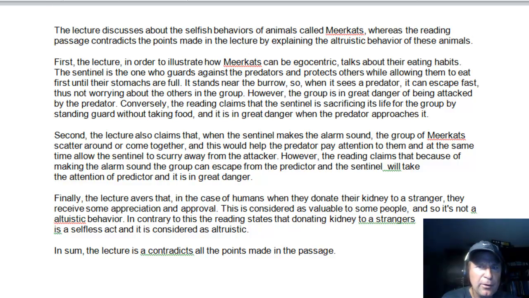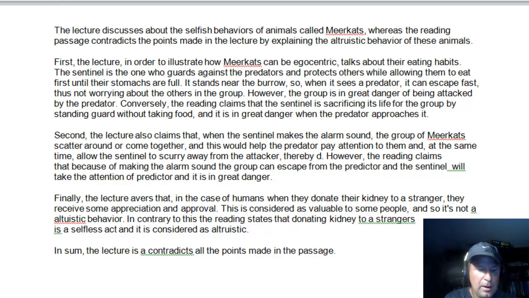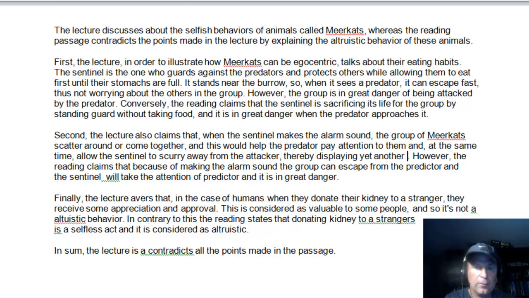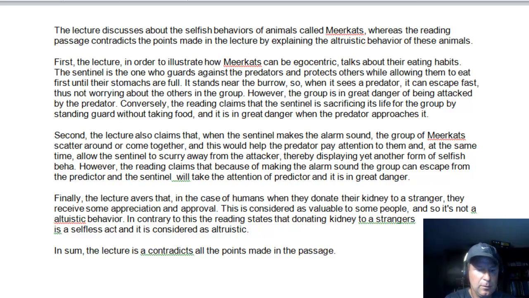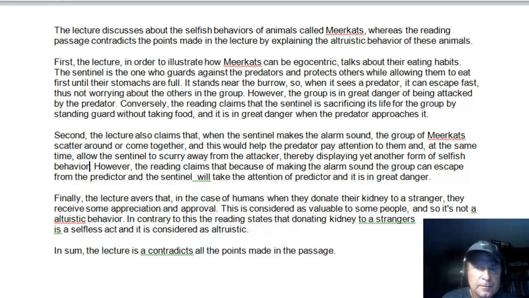And this would help the predator pay attention to them and at the same time allow the sentinel to scurry from the attacker, thereby displaying yet another form of selfish behavior.